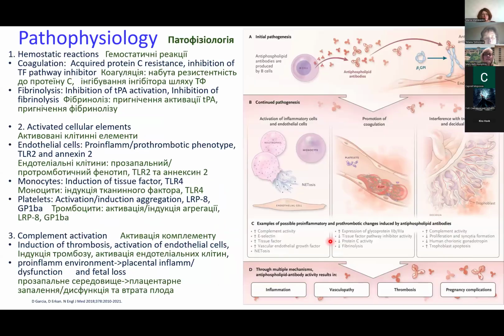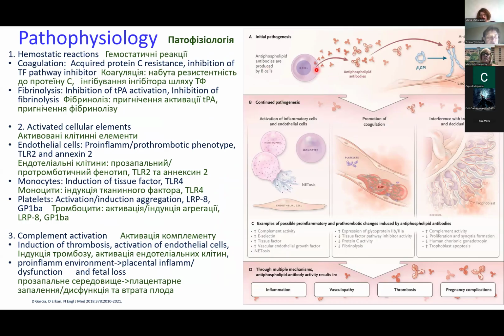So the pathophysiology of antiphospholipid syndrome requires basically hematological or hemostatic reactions, followed by cellular elements, and then followed by complement activation. The schematic here shows what's happening in the blood.